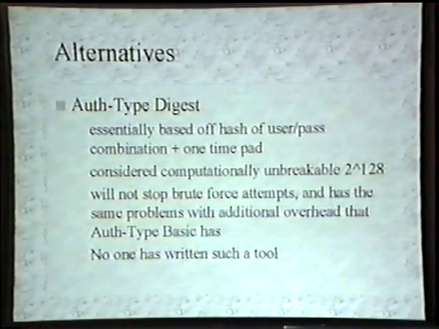It doesn't actually have to know your real password, and it's much more secure. It's considered computationally unbreakable. It's 2 to the 128 bit encryption or whatever. Basically, that's true. For all intents and purposes, no one's actually going to try to break this password unless you have some really big secret, in which case you probably shouldn't be putting it on a website.